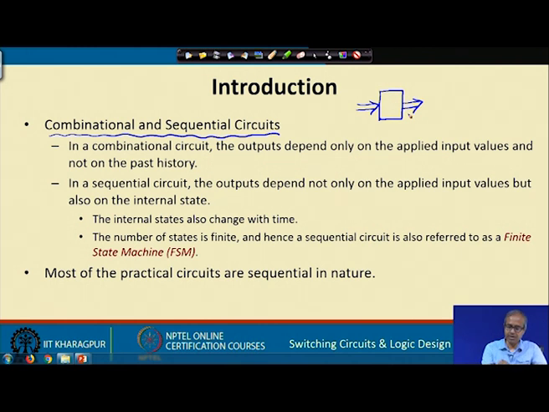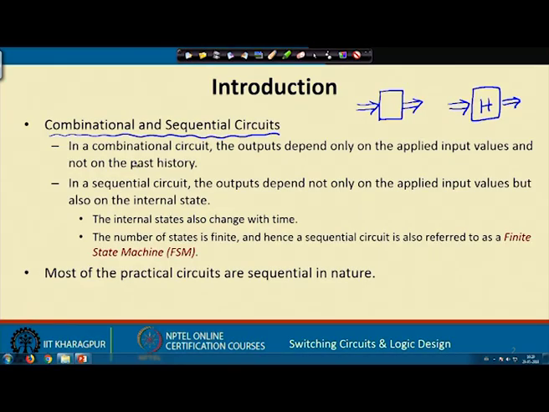But in contrast, in a sequential circuit, the outputs that are generated depend not only on the inputs, but also on some internal history of the system. There is a concept of a history maintained by the system, which is called the state of the system. So, the output you get depends not only on the inputs you are applying, but also on which state the circuit is presently in.